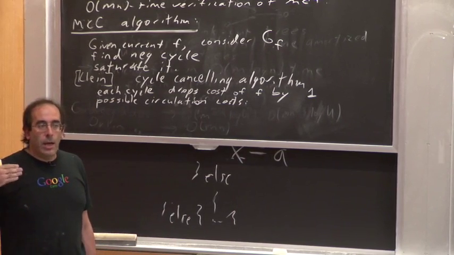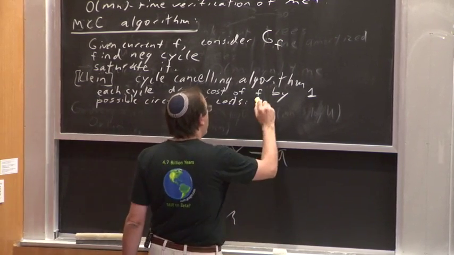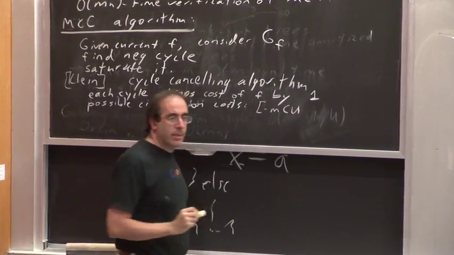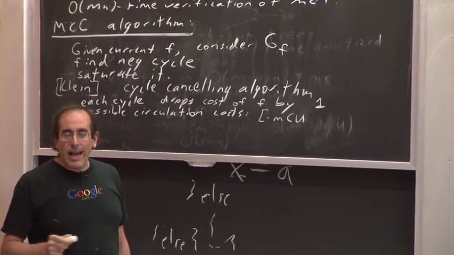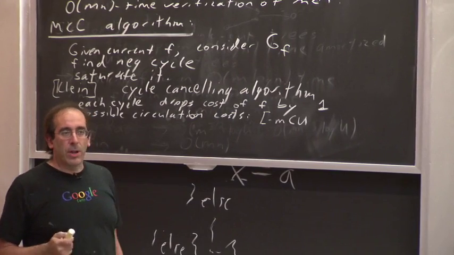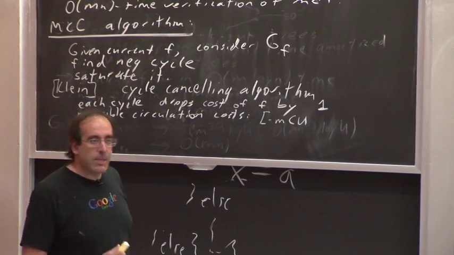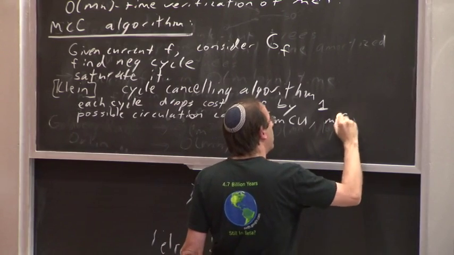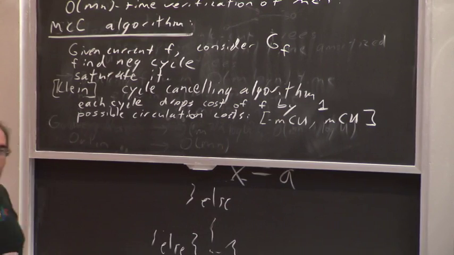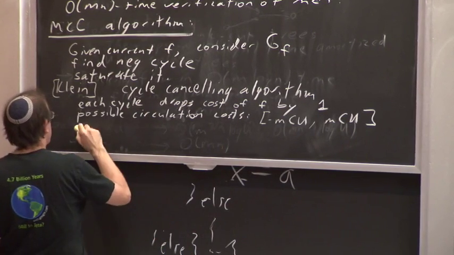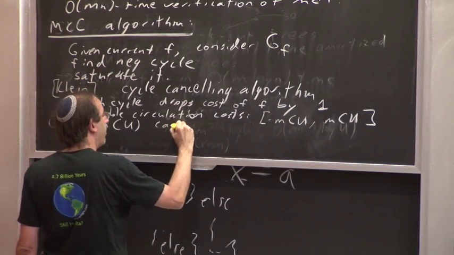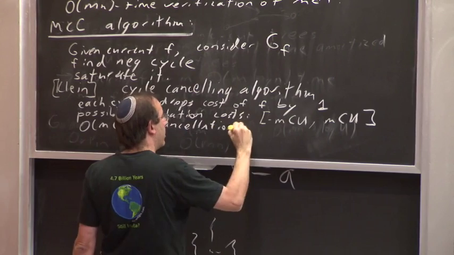We can bound the possible cost of the circulation by, well, it can't be less than minus MCU. If I saturate every negative edge, then the amount of money that will come out of the network is MCU. So that's the cheapest possible circulation. And the most expensive possible circulation saturates every positive edge, and so it has cost MCU. So that means that order MCU cancellations suffice.